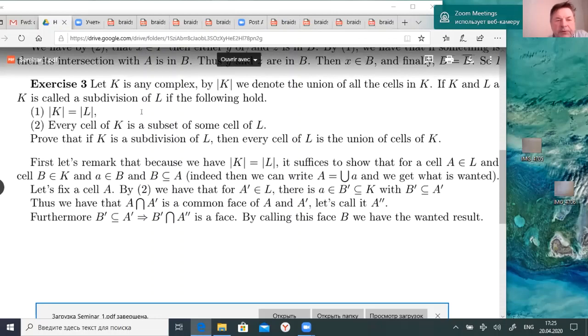The subdivision is this, and it is necessary to prove this. So you are taking any point, and please continue.